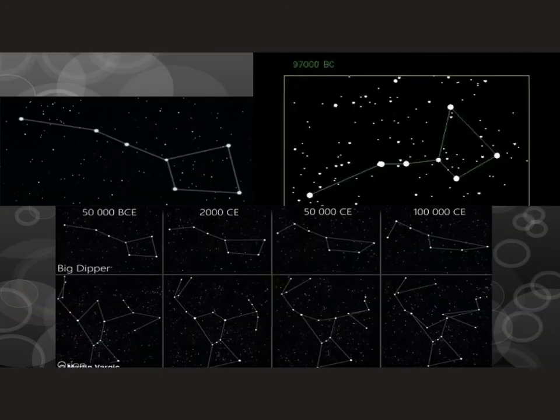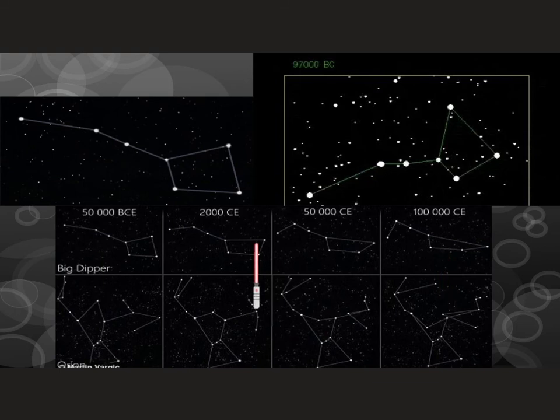Right here we can look at the Big Dipper as it has changed over a period of time. As we move through the Milky Way galaxy, as these stars change in their life cycle, you can see that the sky looked a little bit different in the past than it does today. So this is in the past, right?